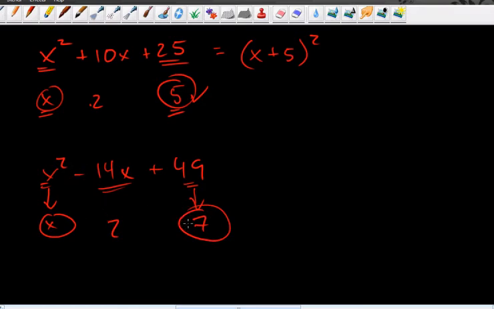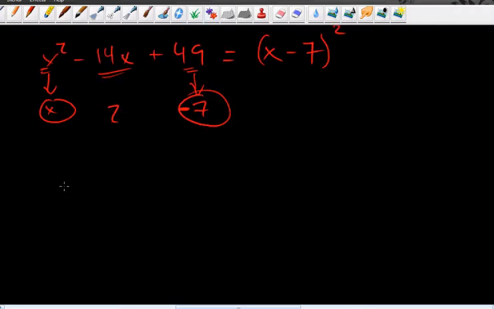In this case, it's negative. What if I make this 7 negative? 2 times x times negative 7 is negative 14x, and negative 7 times negative 7 is positive 49. So in this case, we can factor the expression into x minus 7 squared.